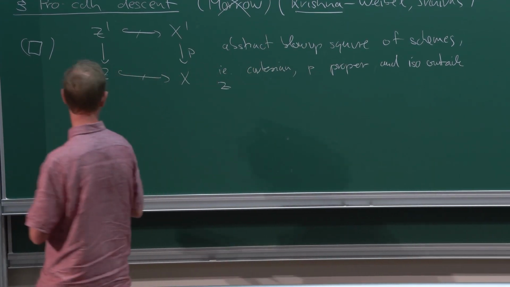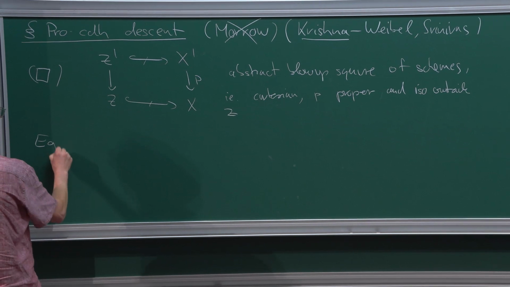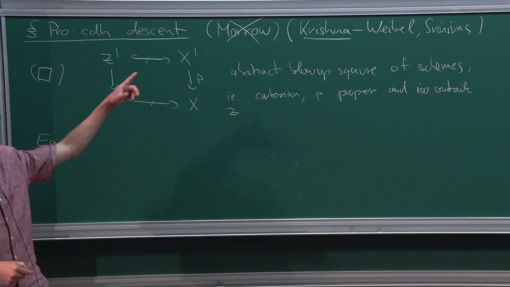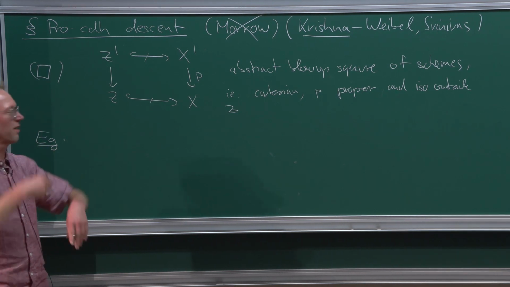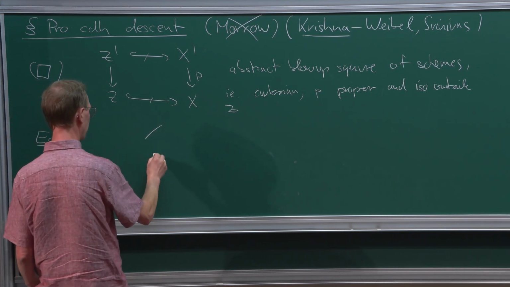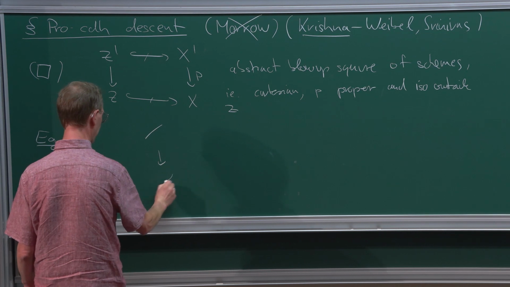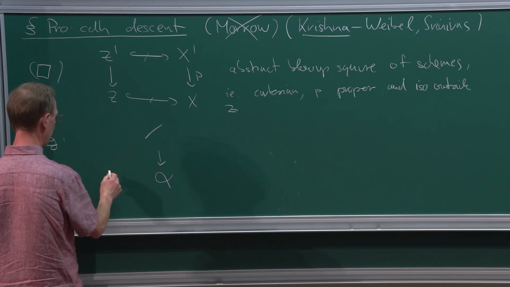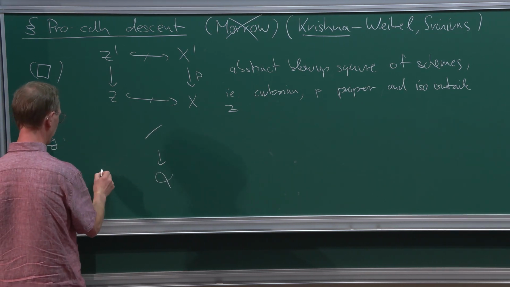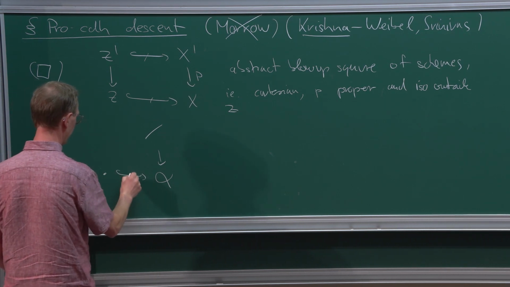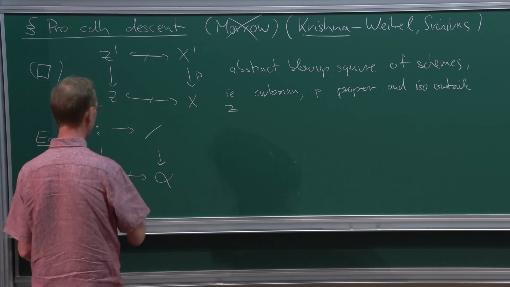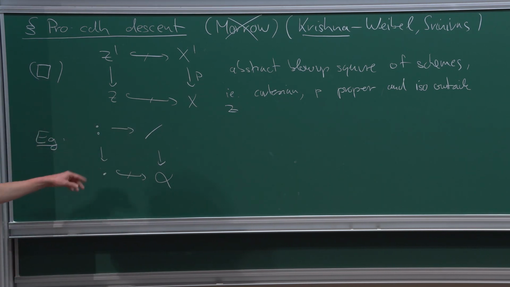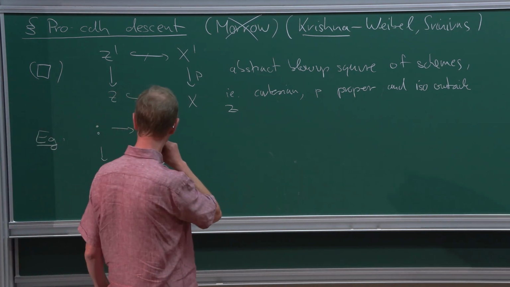Let me give one example that we also discussed yesterday. Yesterday we looked at this nodal curve and the resolution of singularities given by the affine line. This is a typical example of such an abstract blow-up square. Yesterday we looked at the affine situation, the corresponding diagram of rings, but if you pass to spectra, then this is an abstract blow-up square.